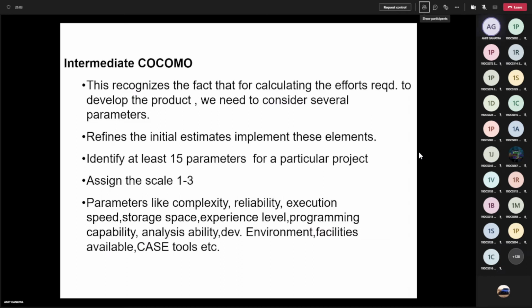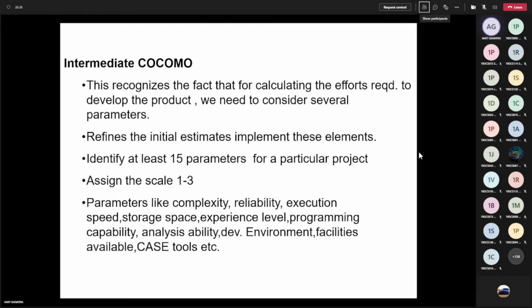So here we haven't considered any of the parameters. We should consider the software's complexity level, reliability, execution speed, storage space, the experience levels of programmers available in the organization, programming capability, their productivity, their analysis capability, whether the development environment is conducive or not.